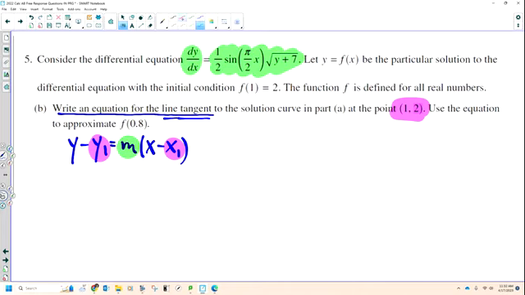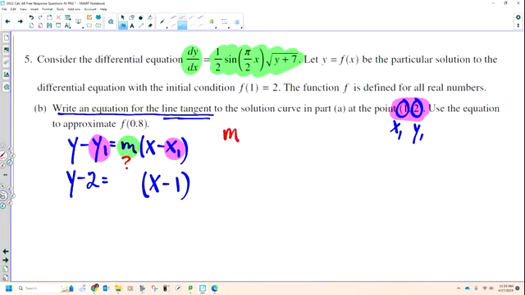So let's take 1 for x1 and 2 for y1. Let's put those in right now. So y minus 2 equals, I don't know the slope yet, times x minus my x1 value, which is 1. Slope is the same thing as the derivative.